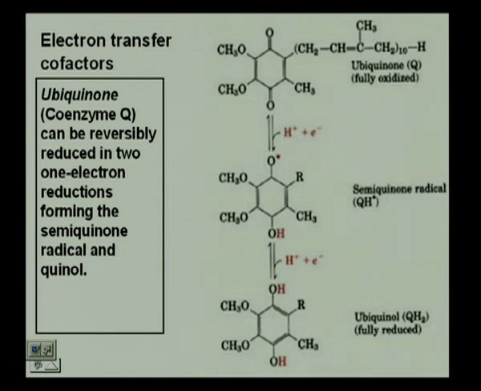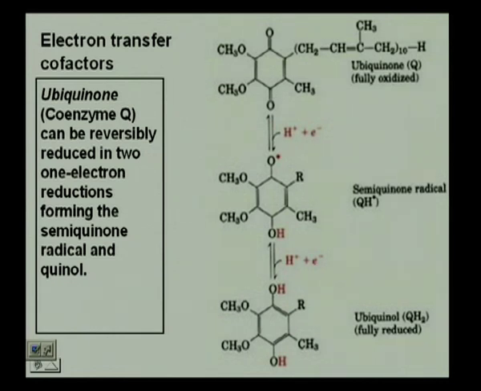So, the ubiquinone goes to the semiquinone, which subsequently goes to the ubiquinol because of its uptake of 2 electrons in 2 steps. That is important. It is not like the other cases where 2 electrons are taken up in a single step. Here 2 electrons are taken up in 2 different steps.